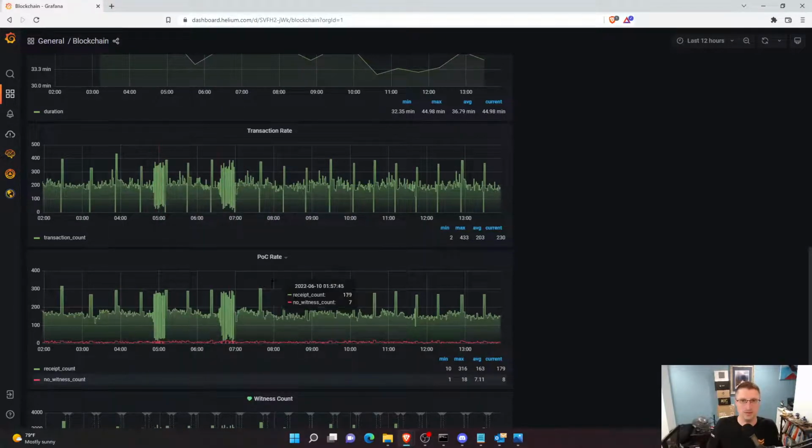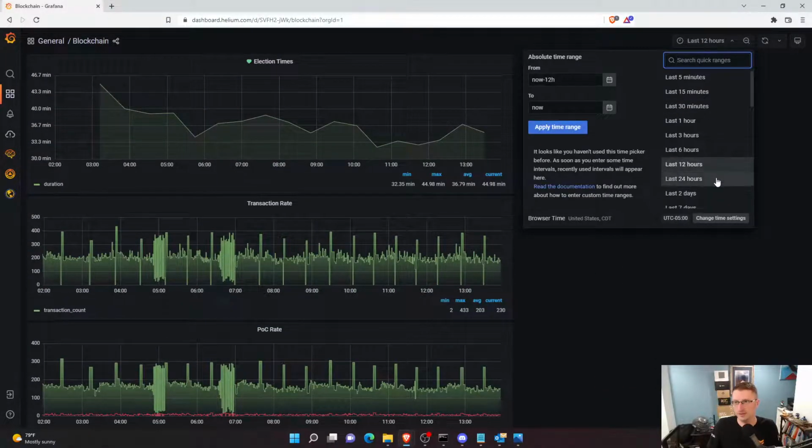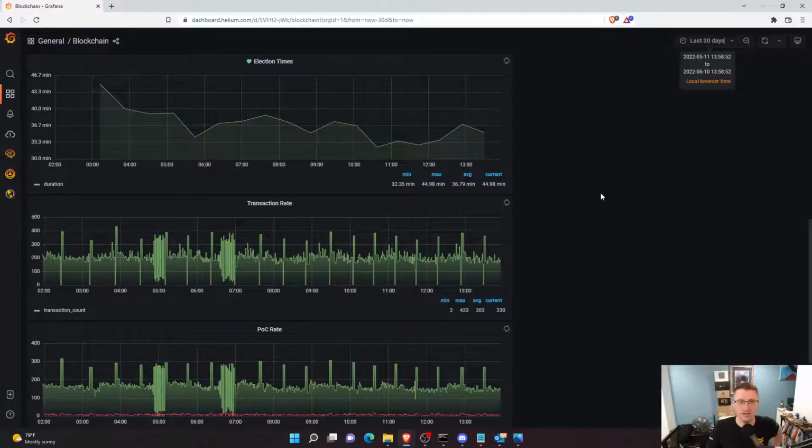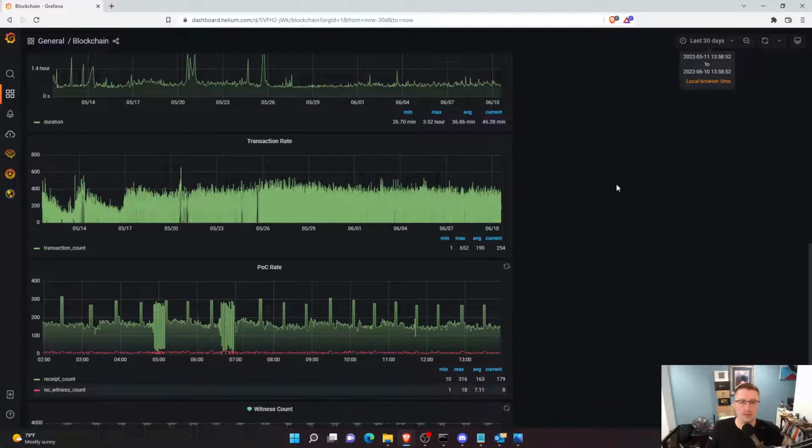So 2 small tests, and this is just in the last 12 hours. To get a sense of the last, and this is gonna probably take a bit, if I go to last 30 days, these things are gonna have to take a little bit to update, but then you can actually see what happened in the time since the light hotspots upgrade.